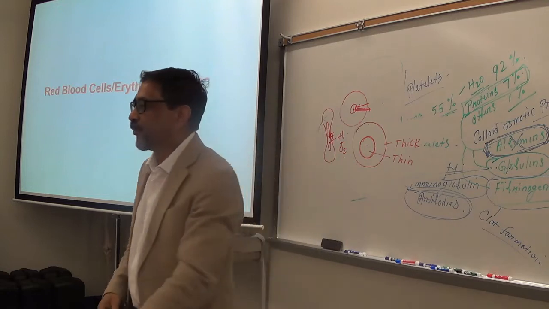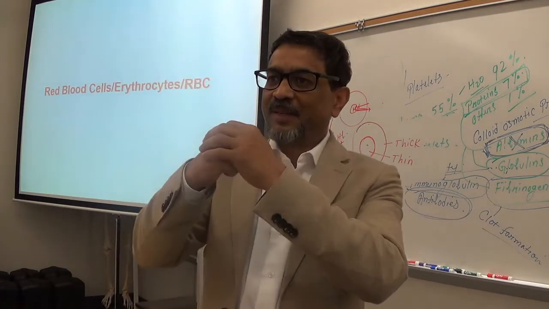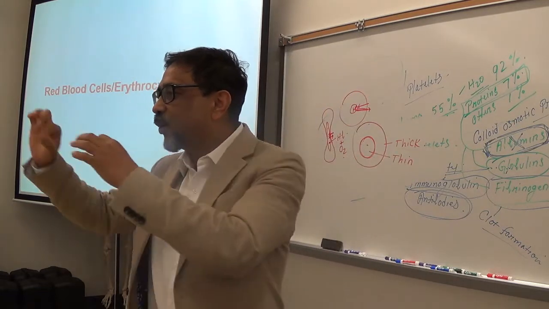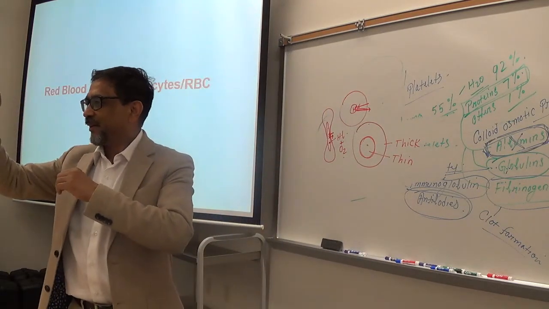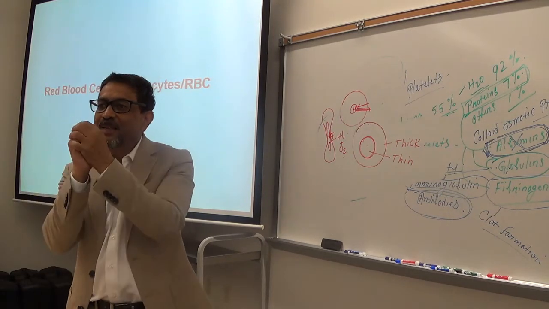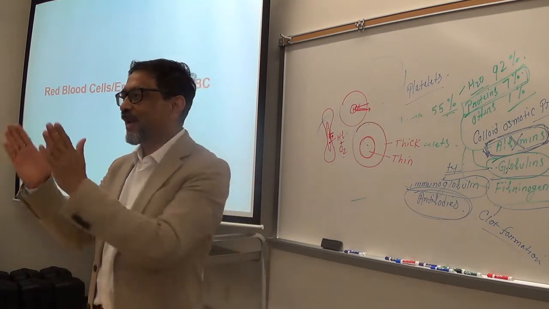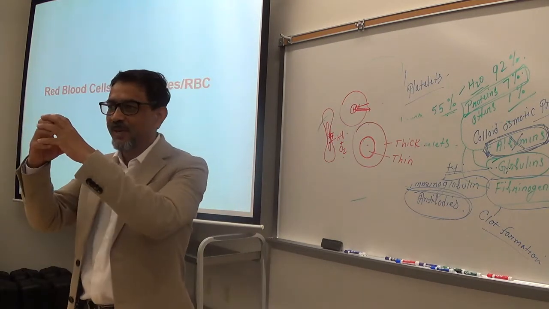Number 2, because of the flatness of the red blood cell, when it tries to pass through narrow capillaries, flat red blood cells can easily get folded and pass through the narrow capillary. Flat things can get easily folded, right?